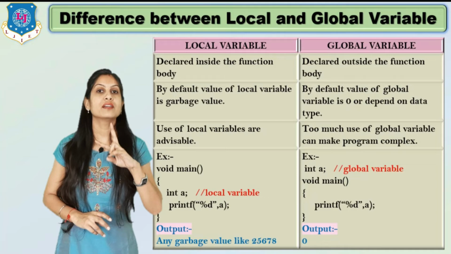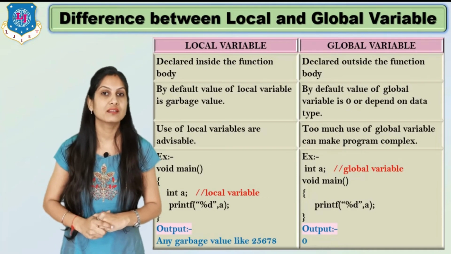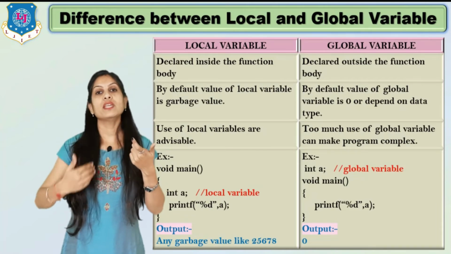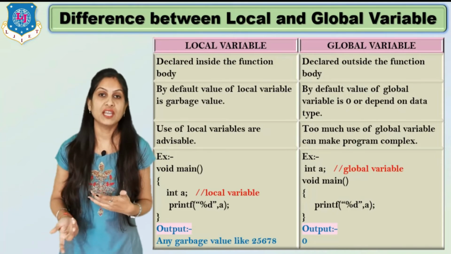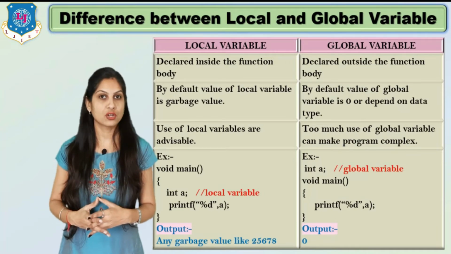Then the two are different. Inside void main it is local and before void main it is global. So the global integer a will be used in different functions. Then how it can be changed and how the updated value of a will work becomes complex.